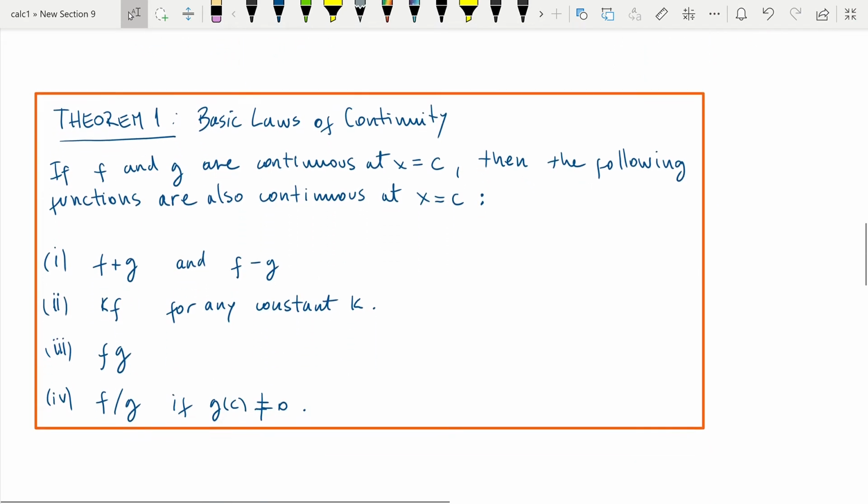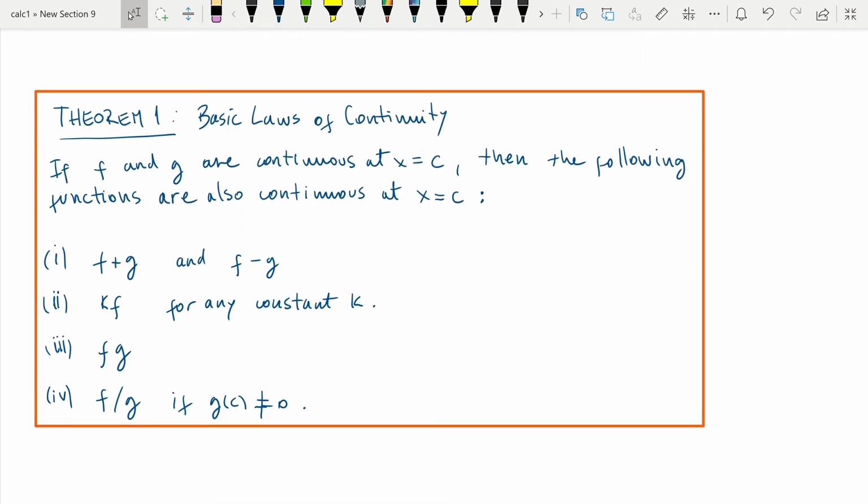So having classified the discontinuities of a function, we move on to the basic laws of continuity. If you remember from last week, all of these laws have an analog in one of the limit laws.